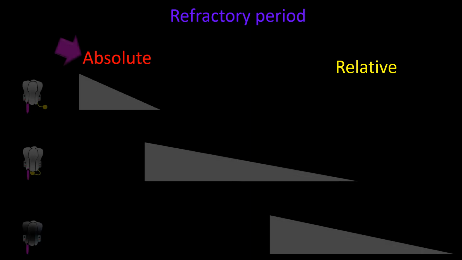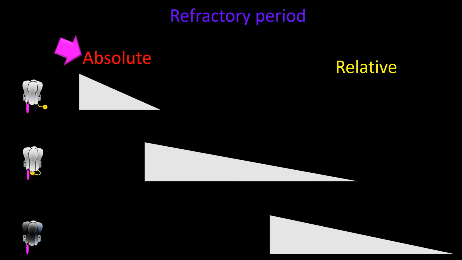The causes of refractory period vary according to whether the refractory period is absolute or relative. During the absolute refractory period, the primary cause is that voltage-gated sodium channels are open, and that those that are not open are inactive.